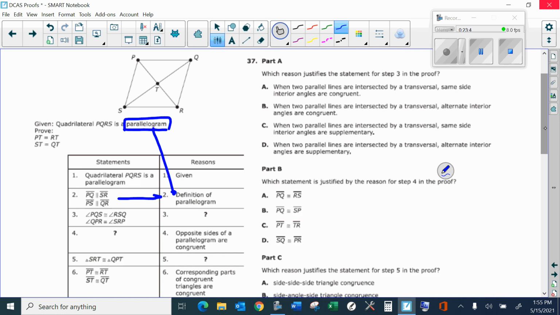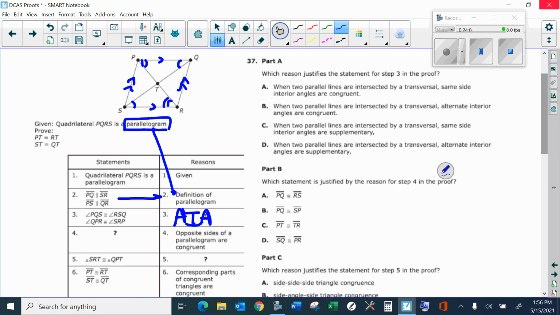Again, you see the word parallelogram, so you know you're going to use the definition of it to make things equal. Angle PQS. So we have these are parallel, these are parallel. Angle PQS is going to RSQ. That's AIA, alternate interior angles. So therefore, the other one is QPR.